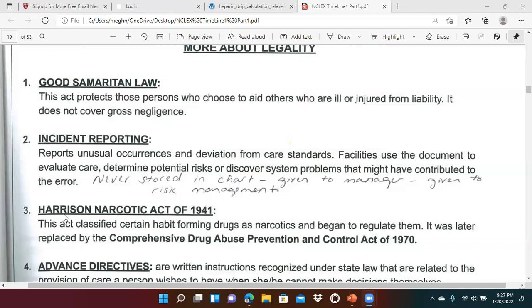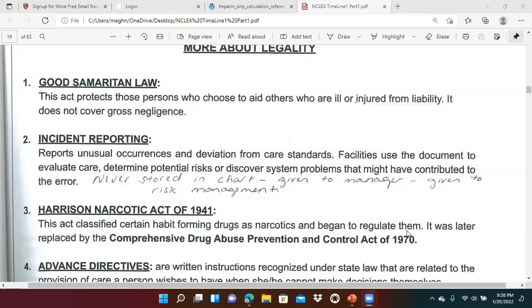Next, what is the Harrison Narcotic Act? The act classifies certain habit-forming drugs as narcotics and begins to regulate them.